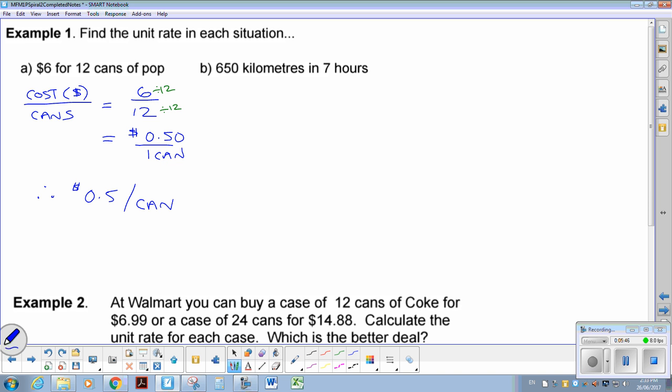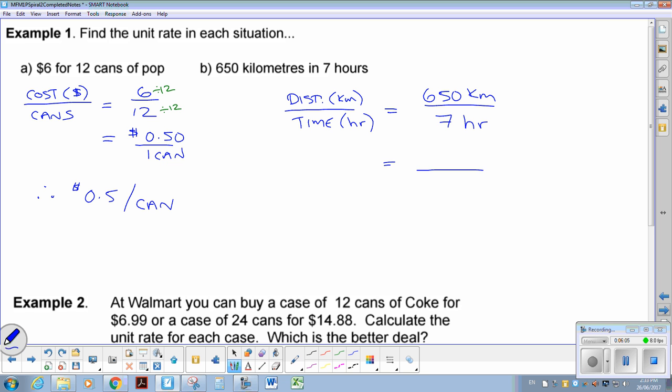Now you're given kilometers and hours. We know that we want our distance in kilometers over time, our hours. So 650 kilometers in 7 hours.